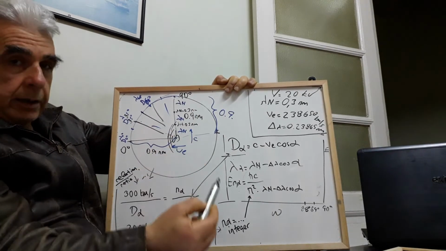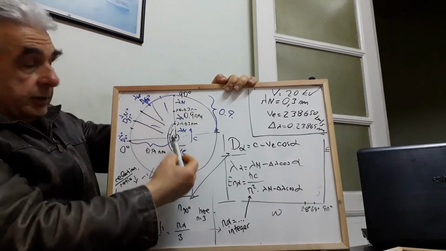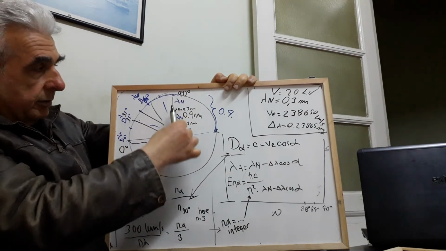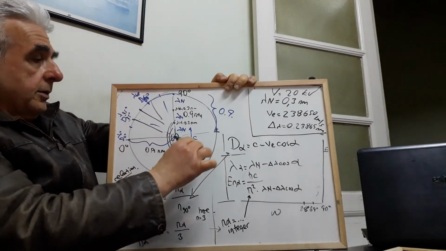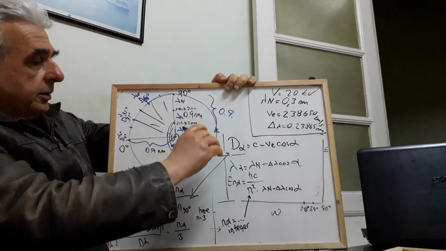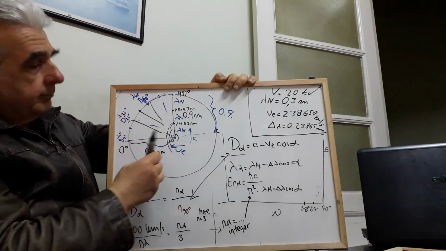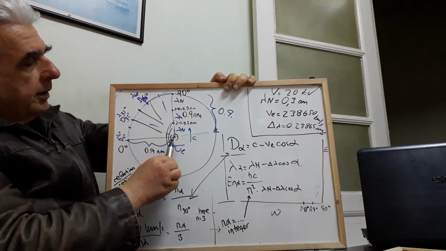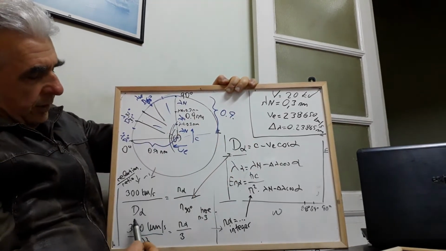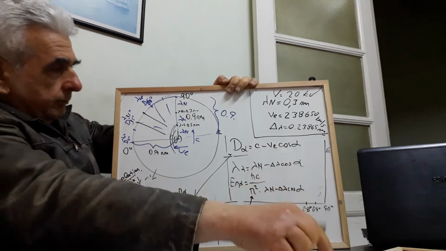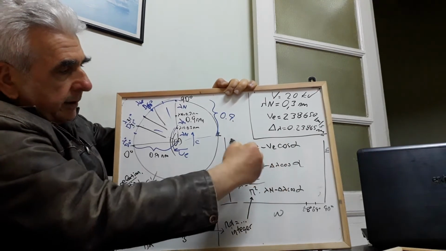We know light wave speed is changing with respect to the direction of the relocating electron motion and velocity. Here we say d equals c minus the electron motion's velocity times cosine alpha.